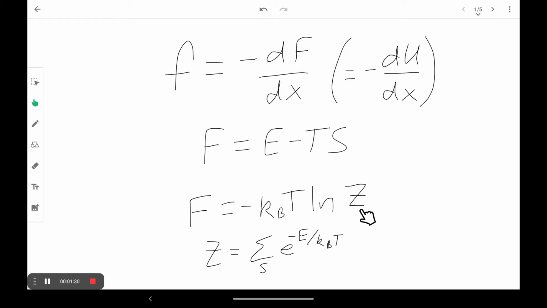Then we found that the free energy can be related to this thing called the partition function, which is a probabilistic expression. It describes the probability of all the possible states. In fact, this is a summation over all the states, that's what the S is for, of the Boltzmann factors for the energy of that state, divided by the thermal energy.